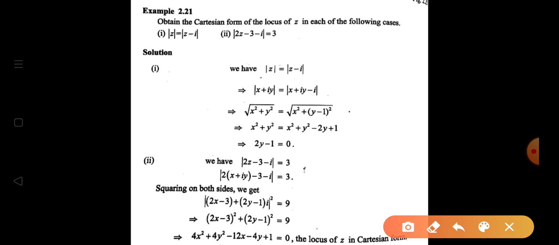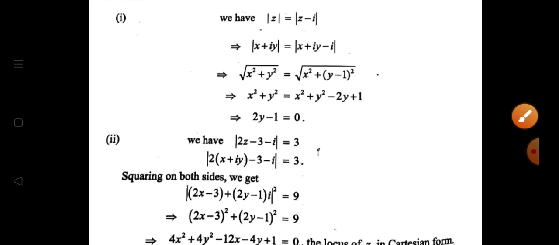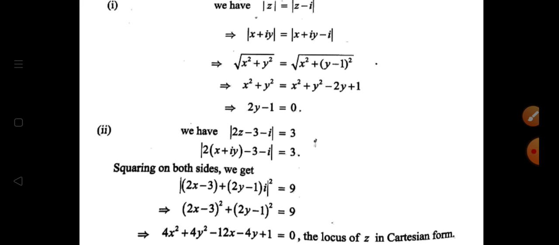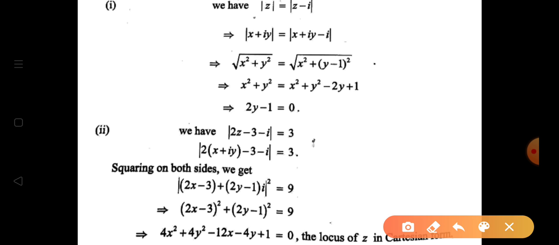Next, second sum, we have modulus 2Z minus 3 minus I equal to 3. Now we substitute Z equal to x plus iy.